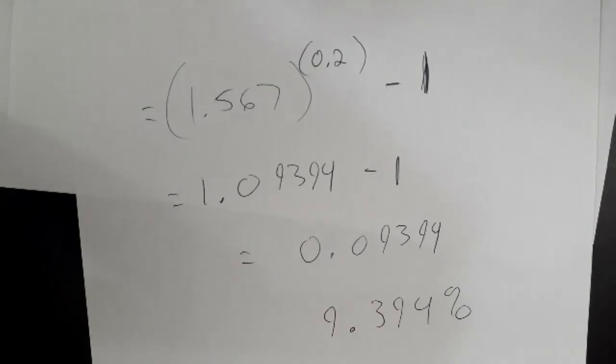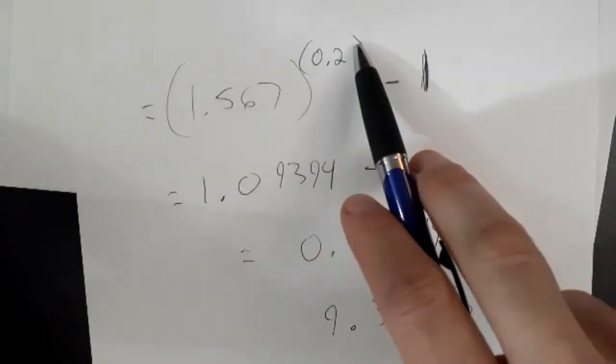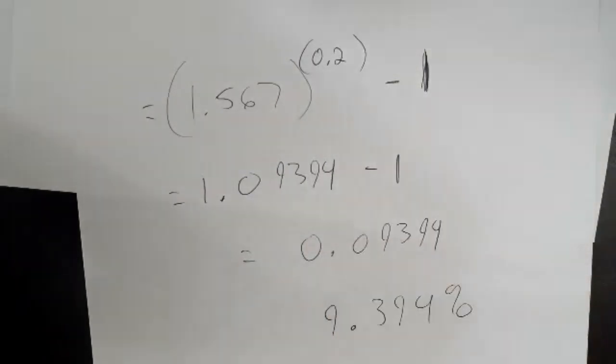Okay, I did something wrong here. I got 0.6. Wait a minute, hold on. This should be an exponent, so make sure you're putting it as an exponent. It's not multiplication, it's exponents. Got it. You have to raise it to a power.